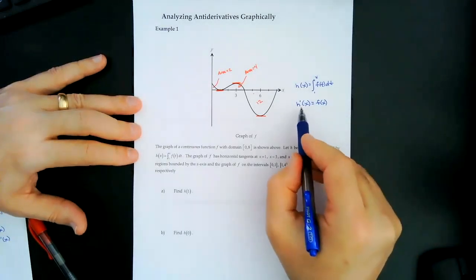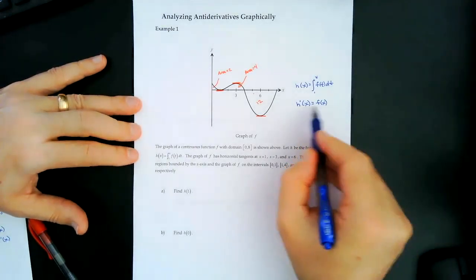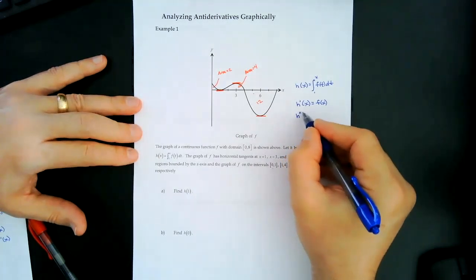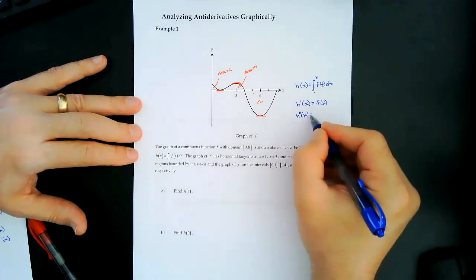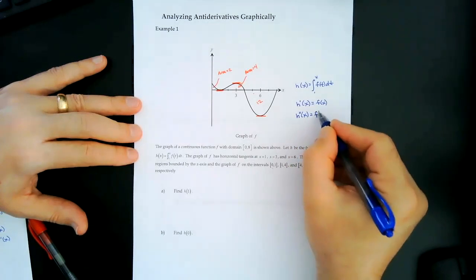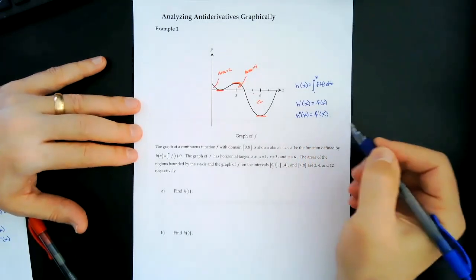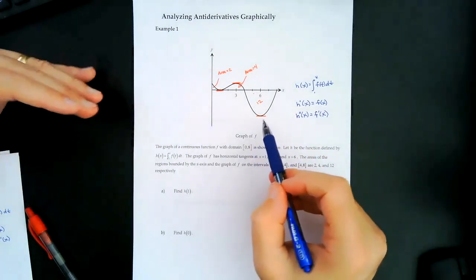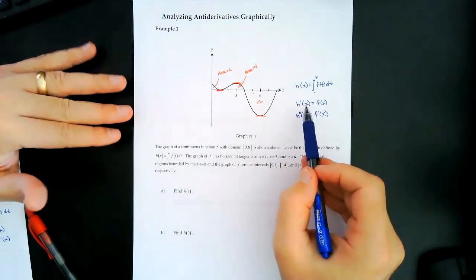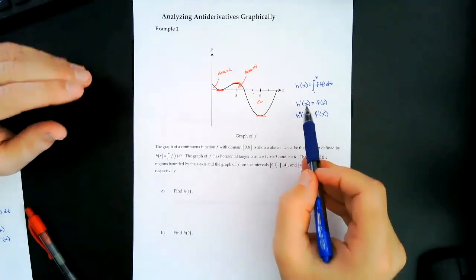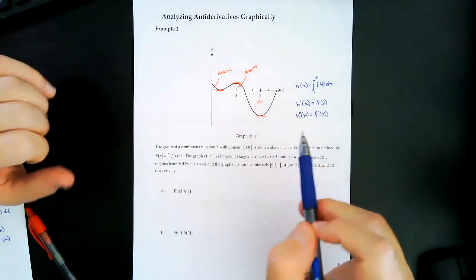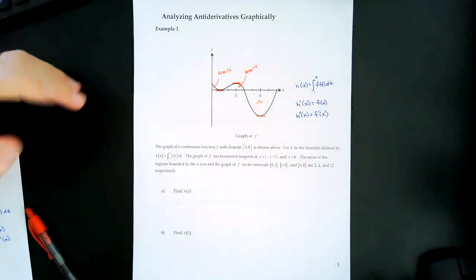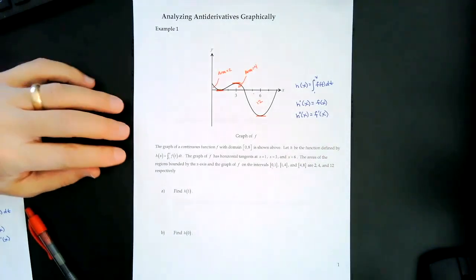Well, what happens if I take the derivative of this? I have to take the derivative of both sides. So h double prime of x is equal to f prime of x. So what we're looking at is the graph of f, but it's also the graph of the derivative of h. This goes along with some stuff that I taught you before, in Unit 5.